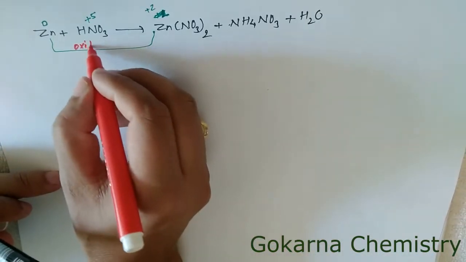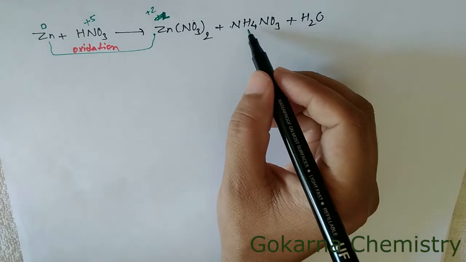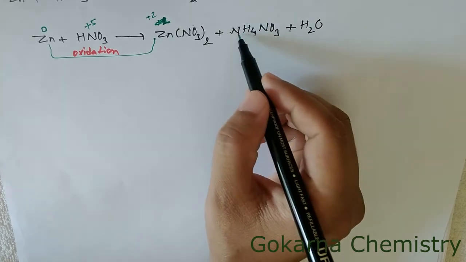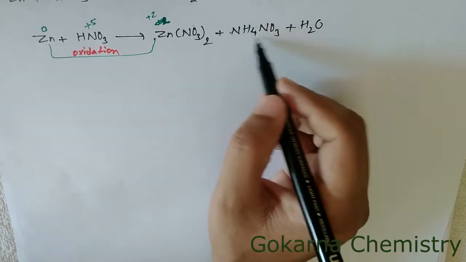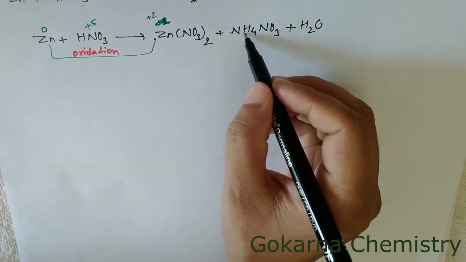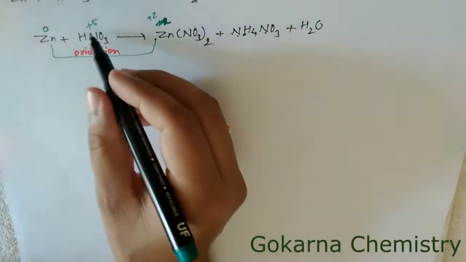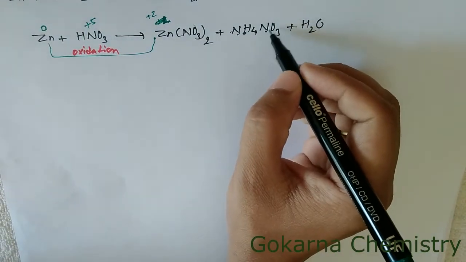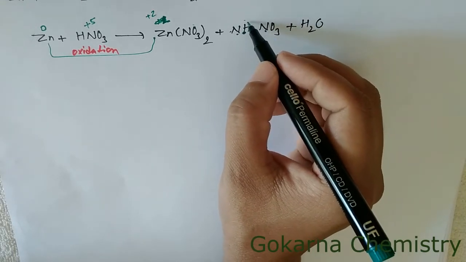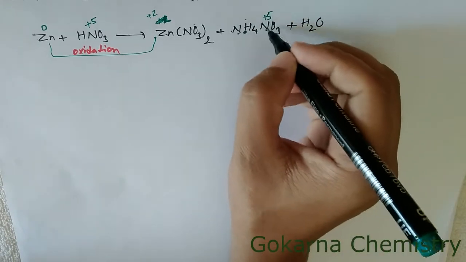Zinc is oxidized here, oxidation. And we have to see nitrogen here in ammonium nitrate. Here are 2 nitrogen. One nitrogen is bonded with hydrogen, and we already calculated the oxidation number of this nitrogen before. This nitrogen has a negative oxidation number because it is bonded with hydrogen, which is electropositive, and the other nitrogen is positive. If we put NH4+, oxidation number +1, then we can calculate +5 for the nitrate nitrogen.